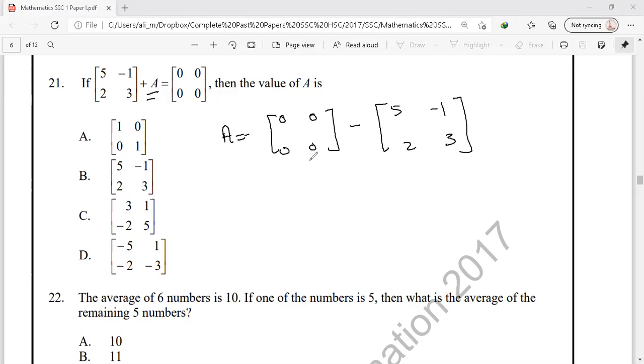So these are the matrix elements. We have to subtract this matrix from this null matrix. So 0 minus 5 will become minus 5. 0 minus minus 1 will become plus 1. 0 minus 2 and 0 minus 3 will become minus 2 and minus 3. So this is the value of A from this above matrix equation. So for question number 21, the correct option is option D.